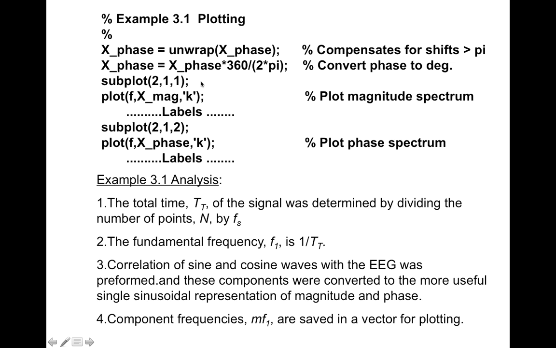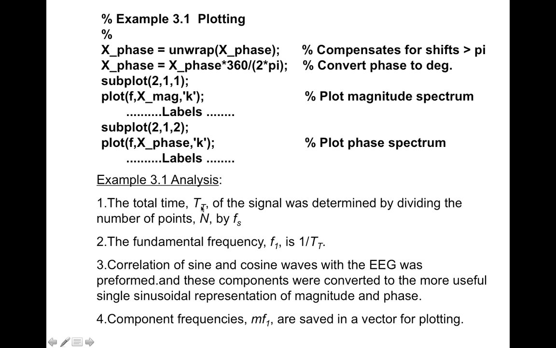We then plot, and I will make a comment about this line in a bit, but when looking at the phase, it is important to use this unwrap command. And then this converts the phase from radians to degrees, multiplication by 360 and division by 2 pi. This plots the magnitude spectrum, this plots the phase spectrum.